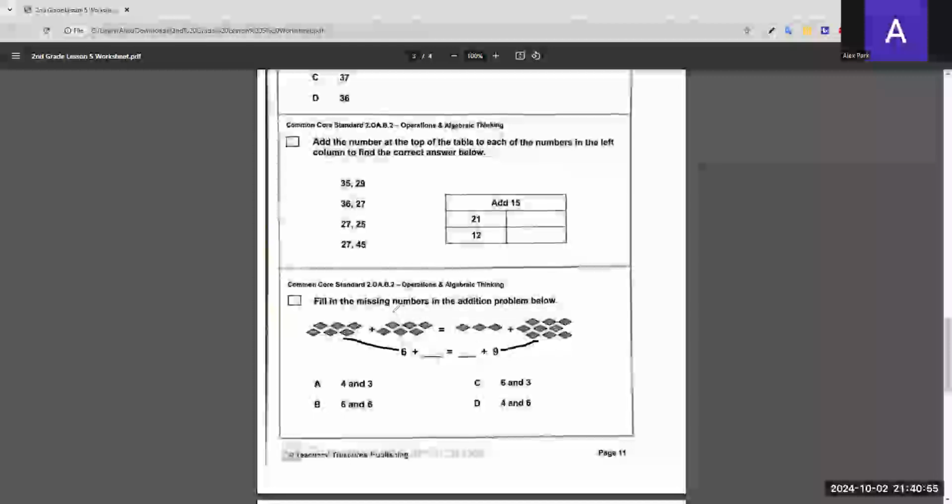So let's count the number of rhombuses. 1, 2, 3, 4, 5, 6. 6 on the left side, and 1, 2, 3. 3 on the right side. And we can check our work by adding. So 6 plus 6 is 12, and 3 plus 9 is 12. So 6, 3, that would be C.